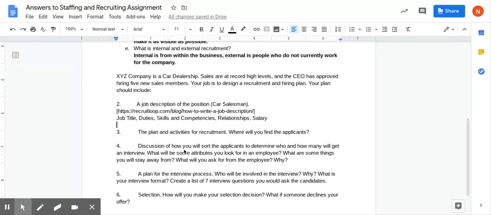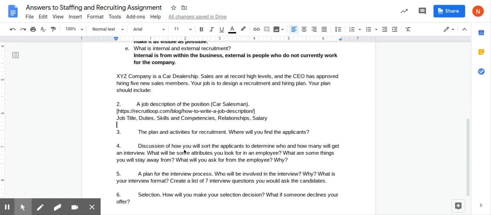So what would be your interview format? You probably want to sit down and ask them questions, and then maybe you have them pitch something to you. So the first round is just a sit down interview. The second interview might be you have two customers come in and have them try to sell them a car.